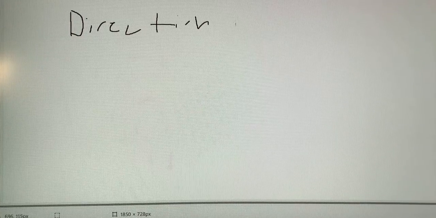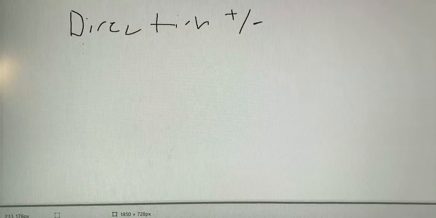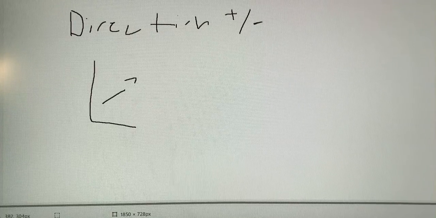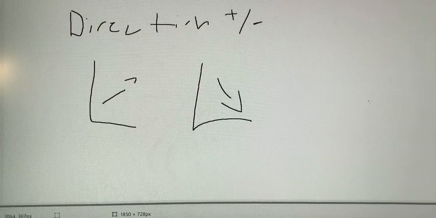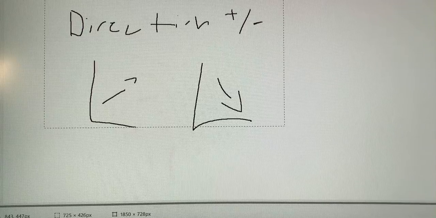When we're talking about scatter plots, we use specific language to describe them. We talk about direction. This is whether it's positive or negative. So positive is going up, and a negative direction would be going downwards. We talk about strength.